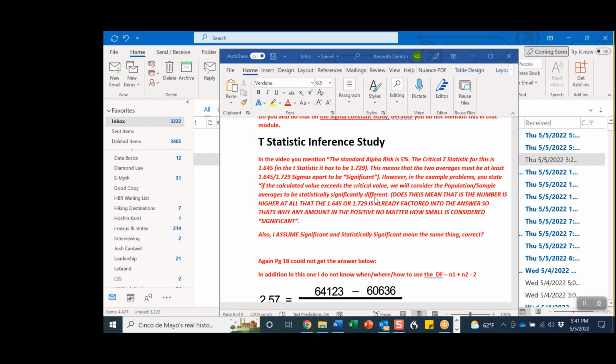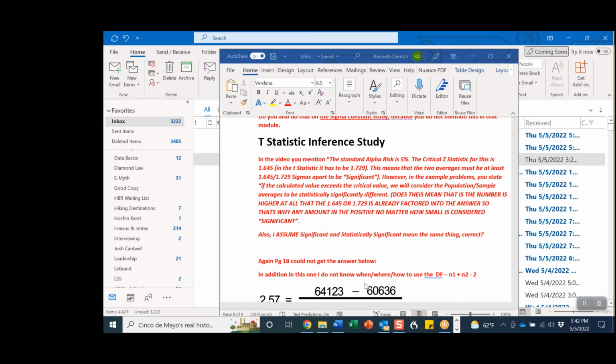But I'm trying to figure out how to articulate this. The way that statement amounts is that even if it's less than 1.645, you're still saying it's considered significant, because you're saying it's just greater than, not greater than 1.645. Does that make sense? No.